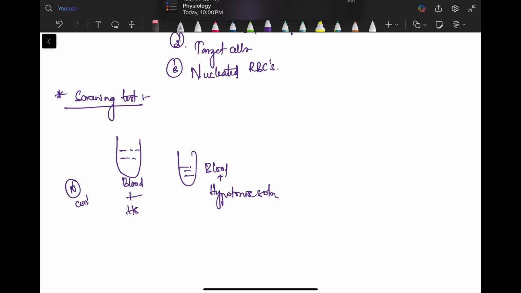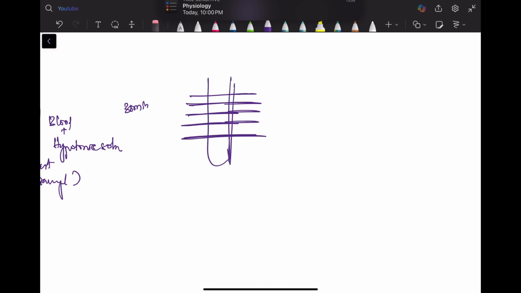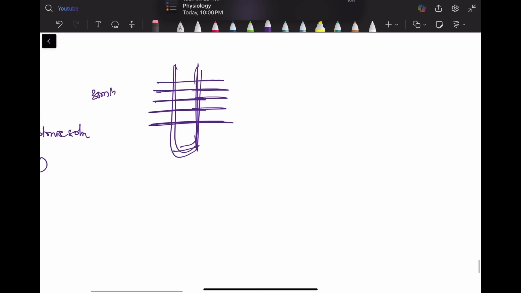This is a normal control. This is a test sample. So after 30 minutes, we will take a black lined thing like this. Then we will look into both test tubes.